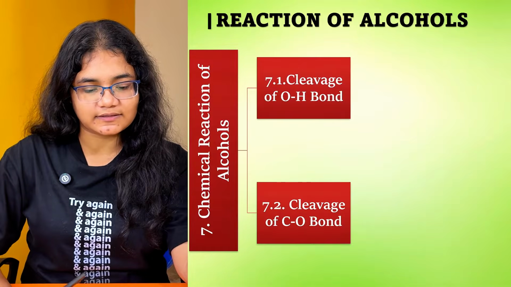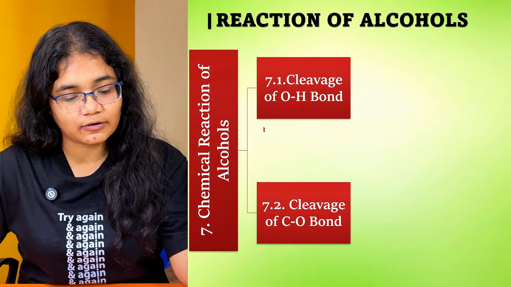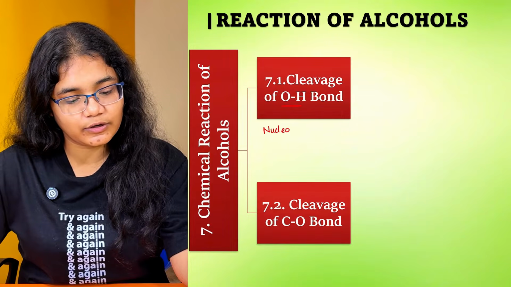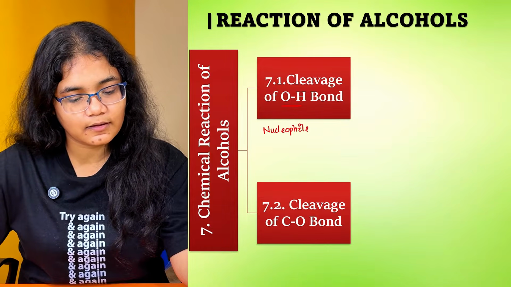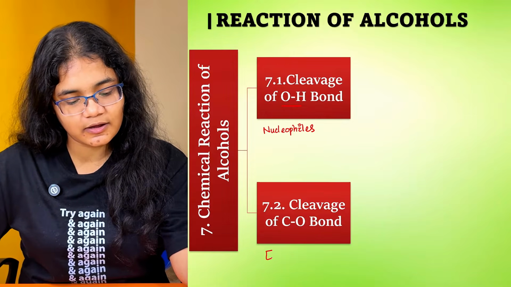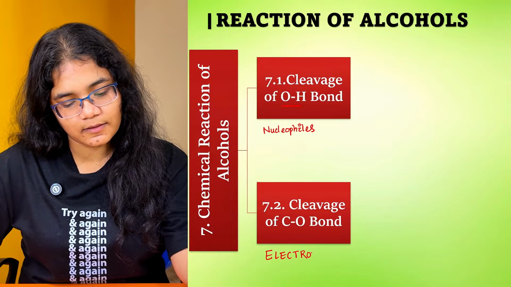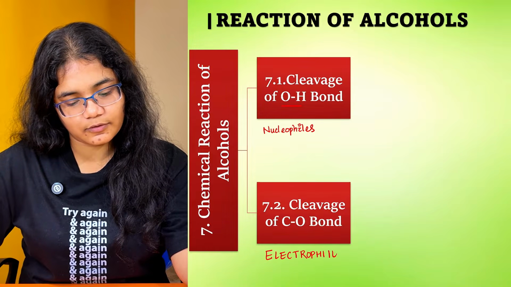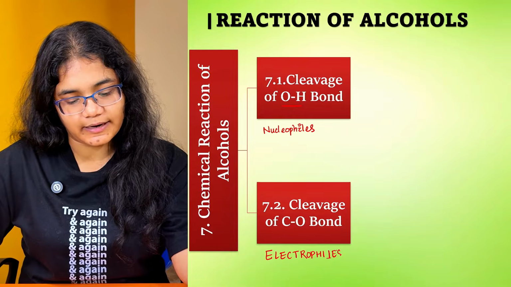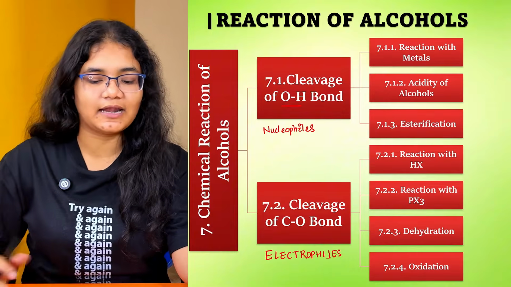So now you will understand. When I'm talking about cleavage of the OH bond, we are talking about alcohols behaving as nucleophiles. And when cleavage of the CO bond is there, these are those reactions where the alcohols are behaving as electrophiles. So let us see what reactions we have in the first part and in the second part.